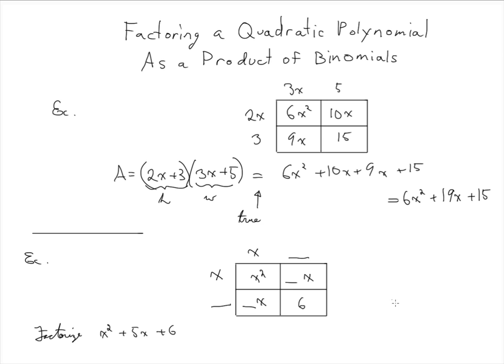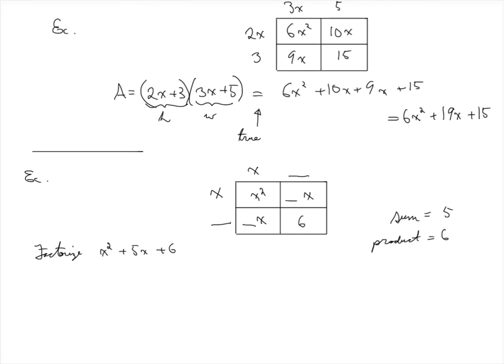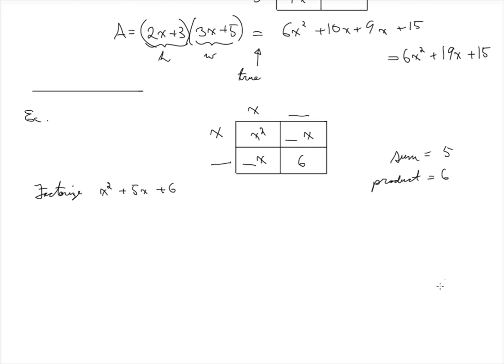So let's write that down. Sum equals 5 and product equals 6. Just looking at these two numbers here. Their sum is 5 and their product is 6. So you might want to pause the video for a moment just to figure out what these numbers might be. But it turns out, with a little trial and error, you can see that two numbers that work are 2 and 3.